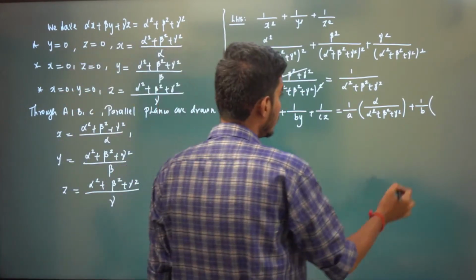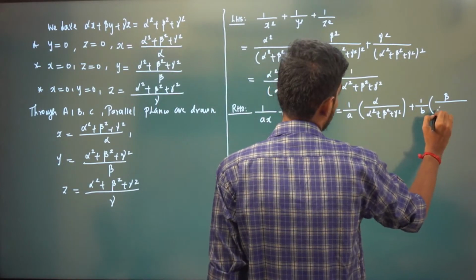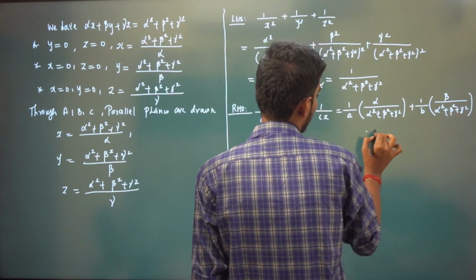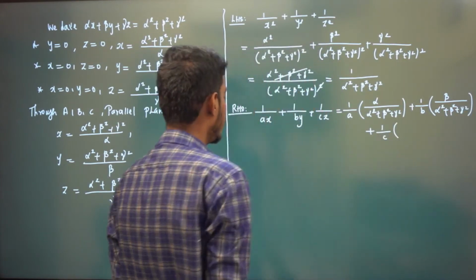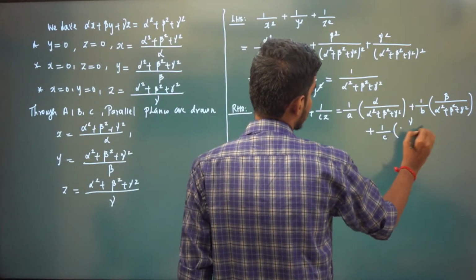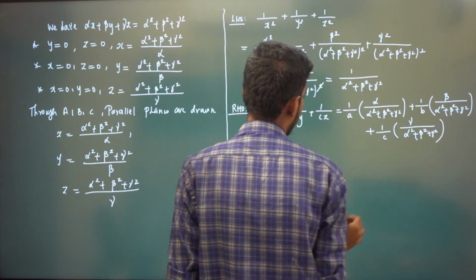So 1 by y will be beta divided by alpha square plus beta square plus gamma square, plus 1 by c into 1 by z. So 1 by z is gamma divided by alpha square plus beta square plus gamma square.